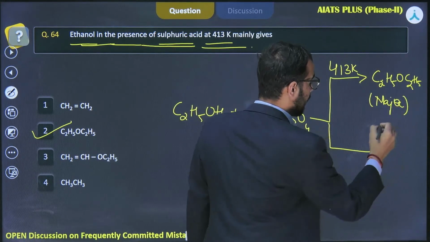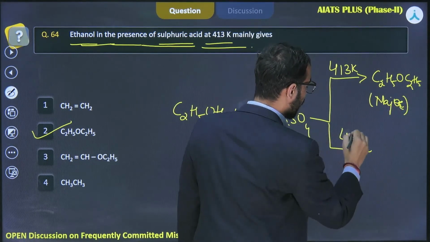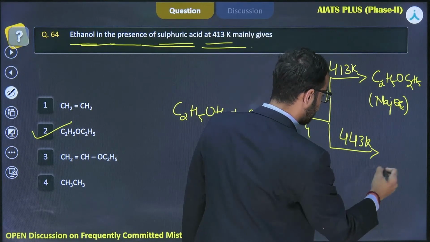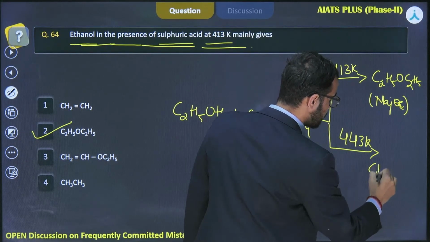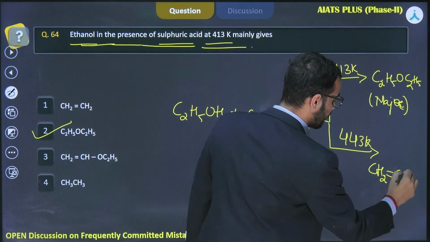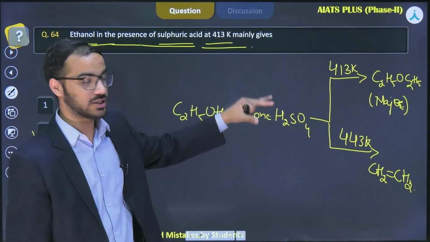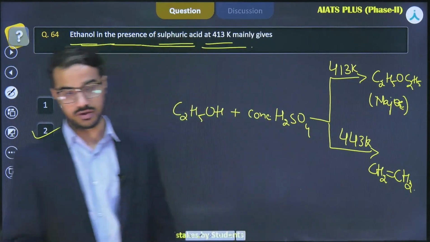And if you are reacting at 443 Kelvin or higher temperature, you will be getting CH2 double bond CH2. This is the final flow chart of this kind of reactions.